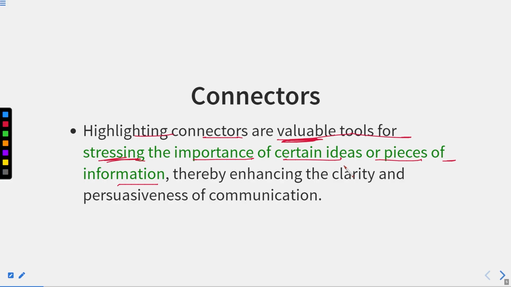But when I say highlighting connector, it means the particular word that introduces the statement or information which is very important or relevant to the topic, thereby enhancing the clarity and persuasiveness of communication. Persuasiveness is a key word over here.